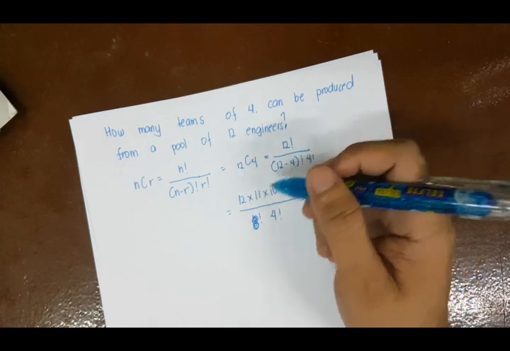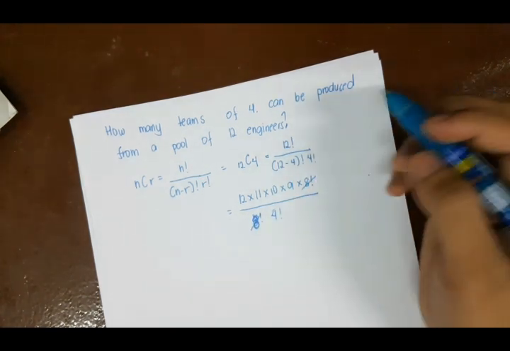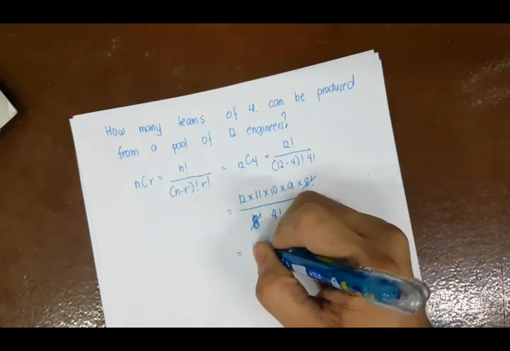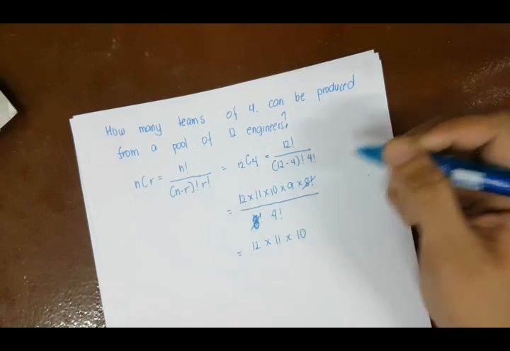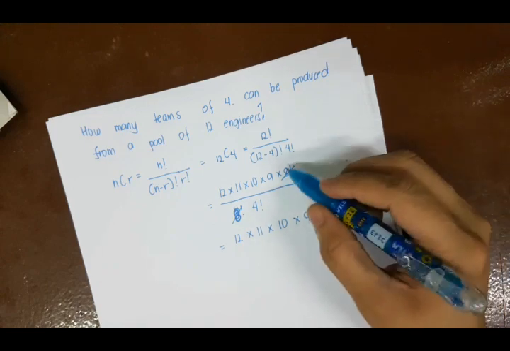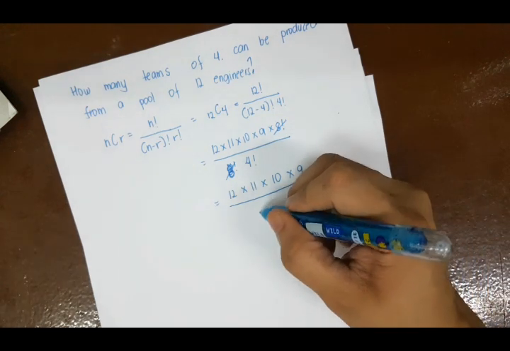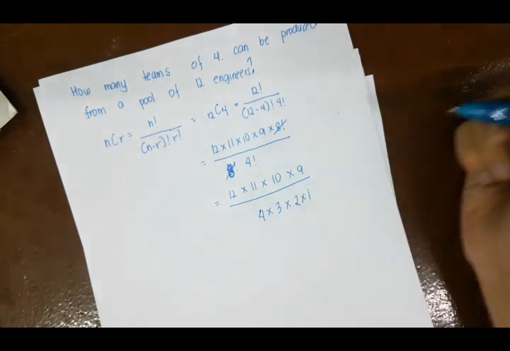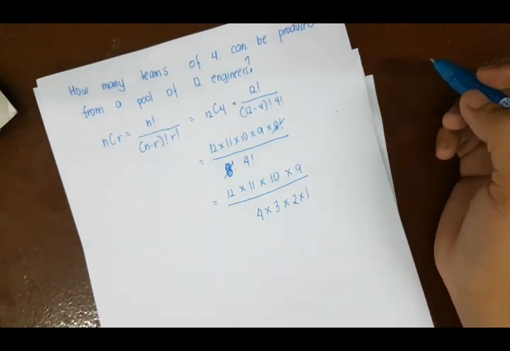So we can cancel this. And we can continue with 4 factorial. So 12 times 11 times 10 times 9. Okay, so 8 factorial is already cancelled. So 4 factorial is 4 times 3 times 2 times 1. I think we can still cancel this.